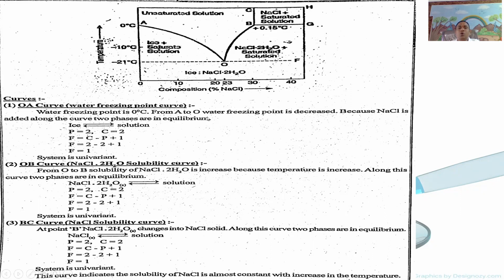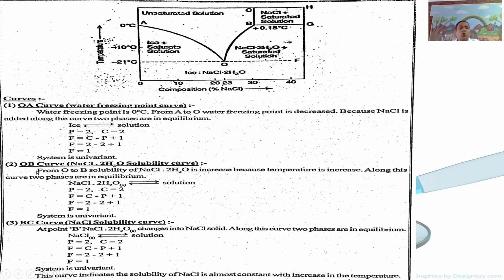From A to O, water freezing point is decreased because sodium chloride is added along the curve. Two phases are in equilibrium, that is ice and solution, where P equal to 2, C equal to 2, F equal to C minus P plus 1, whereas F equal to 2 minus 2 plus 1, F equal to 1. Therefore, the system is univariant.